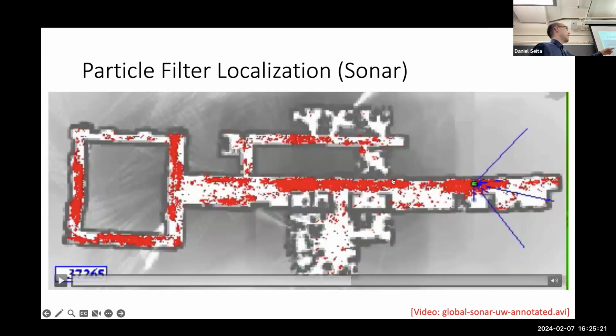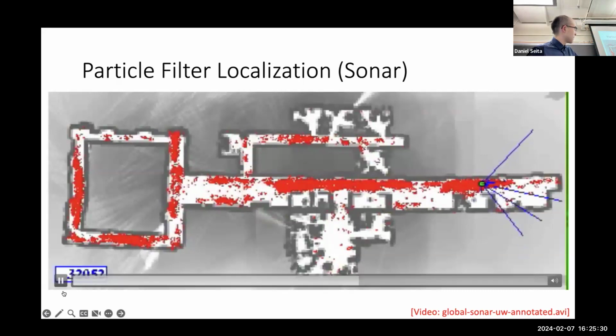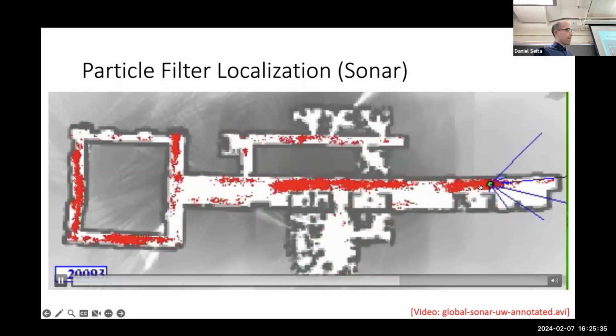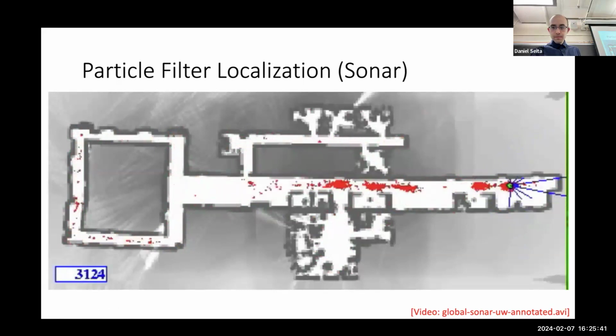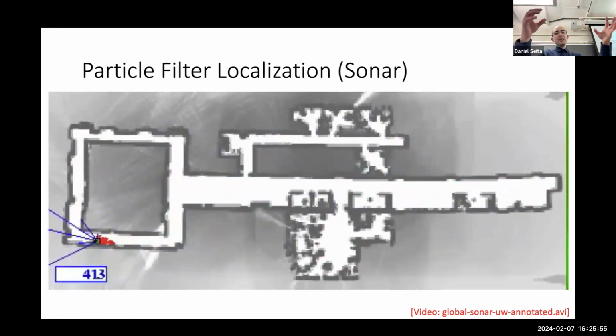That's why the estimated robot position ends up a little further to the left, so there's a jump back. At this point we become more certain of the robot position, so the number of distinct hypotheses becomes a lot smaller, which is characteristic behavior of a lot of particle filters.